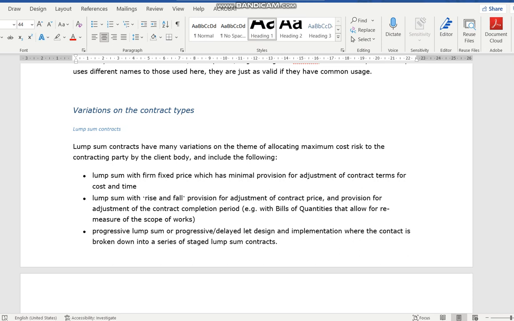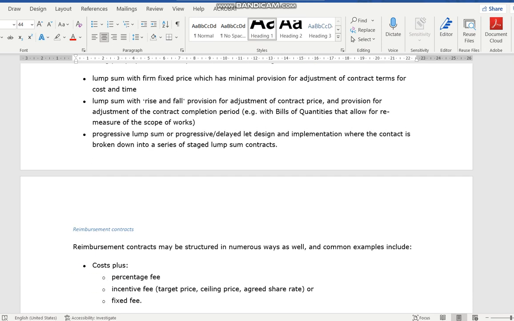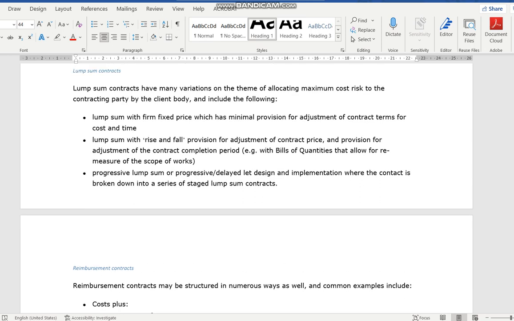And that usually will be how we look at a BQ contract. A BQ contract, some people will say, is actually a reimbursement contract, meaning that you do how much, you get paid how much.